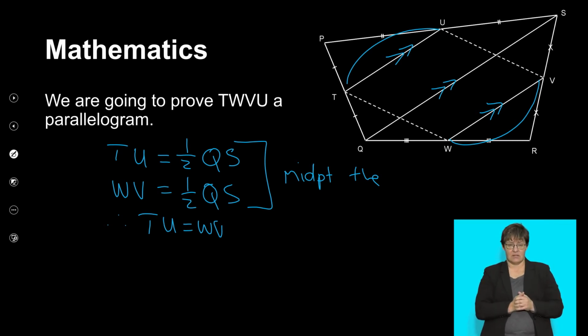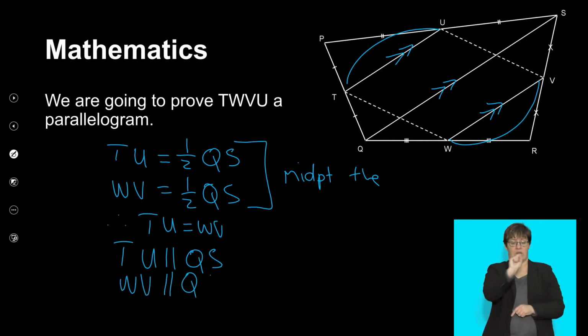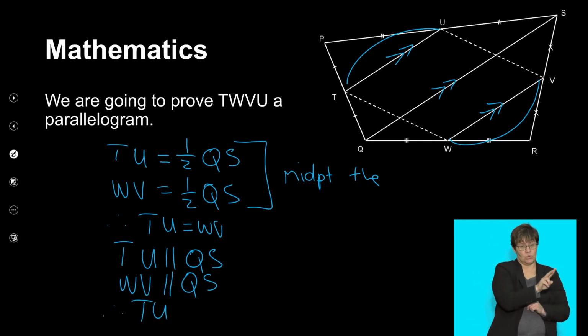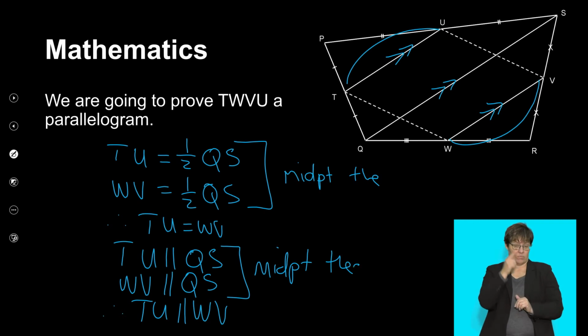So I actually did show you with the arrows, right? We said TU is parallel to QS, and we also know that WV is parallel to QS. So as a result, TU is parallel to WV. By the way, the reason for both of these will also be midpoint theorem. Let me just write the theorem at the top there, so that people don't think it's missing.